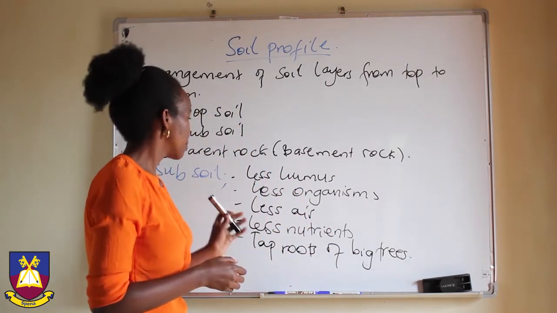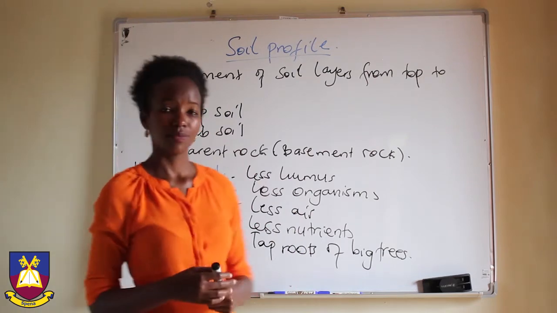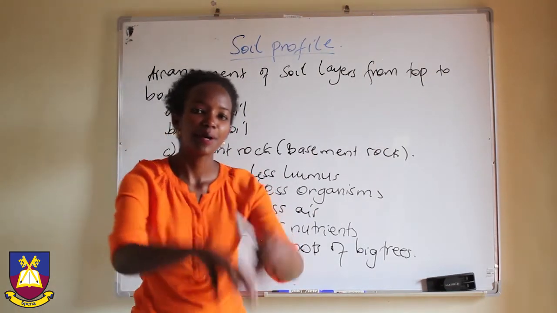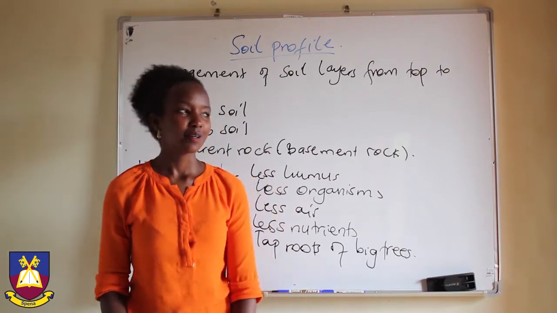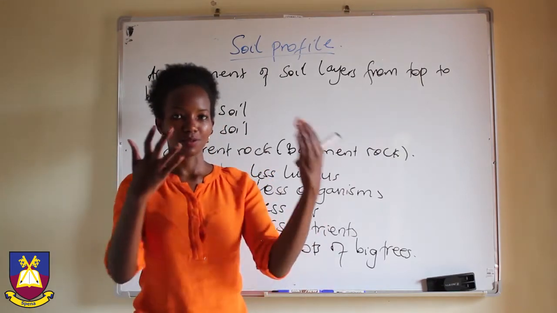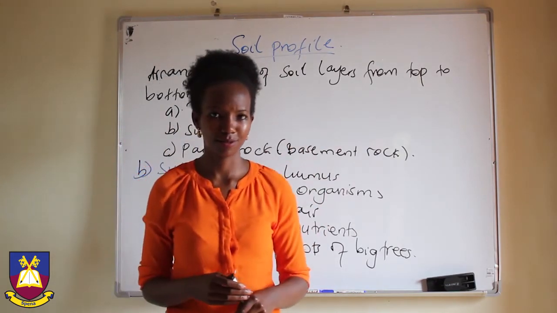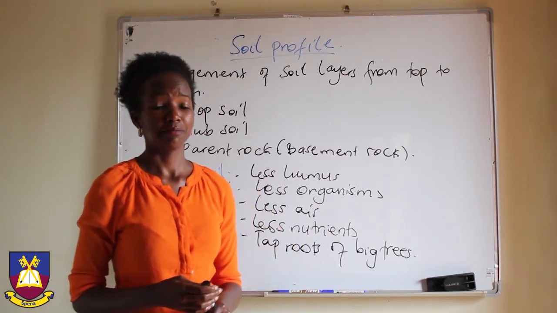So that is the subsoil. Beyond that is where we find the parent rock, the rock that gave rise to these particles very many years ago before you and I were here.